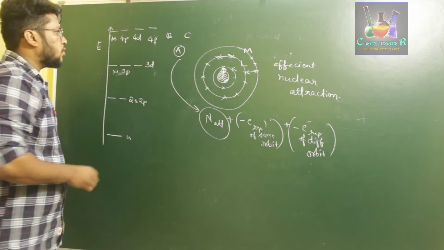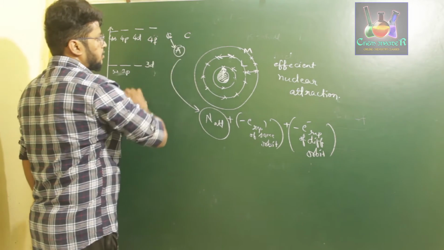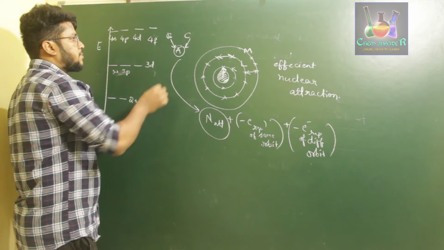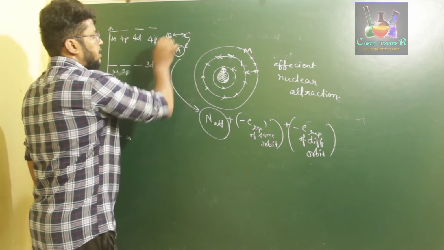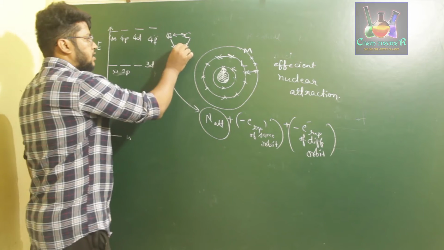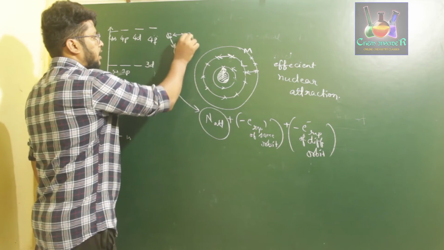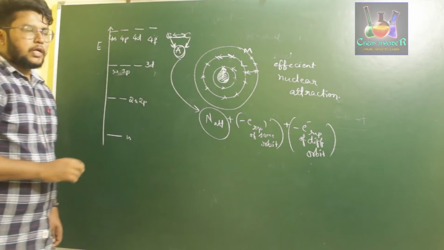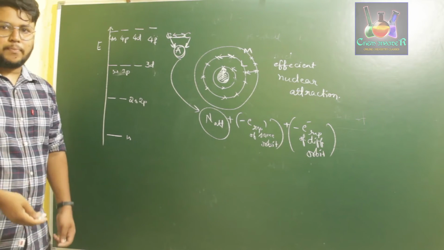A is attracting B towards itself and it is also attracting C towards itself. And what we observe is there is a repulsion between B and C. When A's attraction towards B and C is much greater than the repulsion between these two, their friendship lasts for a longer period.